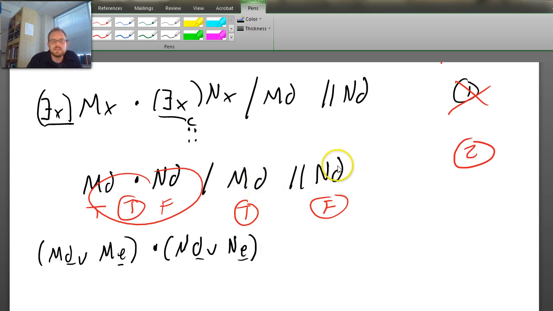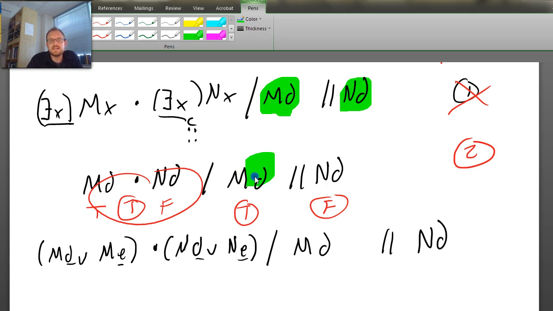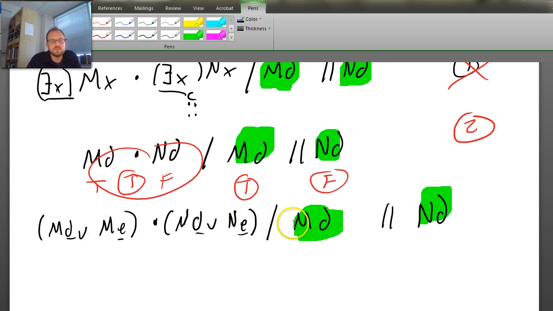But you want to keep the letters the same, you just want to carry them down. So it does matter what letters you use, I suppose. So that's going to be Md. Now, since this wasn't a universal, all I do is carry it back down here, and the conclusion is Nd. So notice that these stay the same despite the number in the universe, and that's because these are not categorical claims. These are just unbound claims. They have no quantifier, so I don't have to express it over and over.